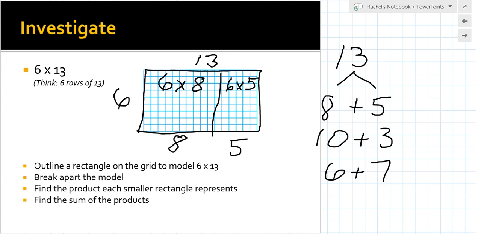So 6 times 8 and then 6 times 5. And students could combine those 2 products to figure out what the actual product of 6 times 13 is. And that, in essence, is the distributive property.